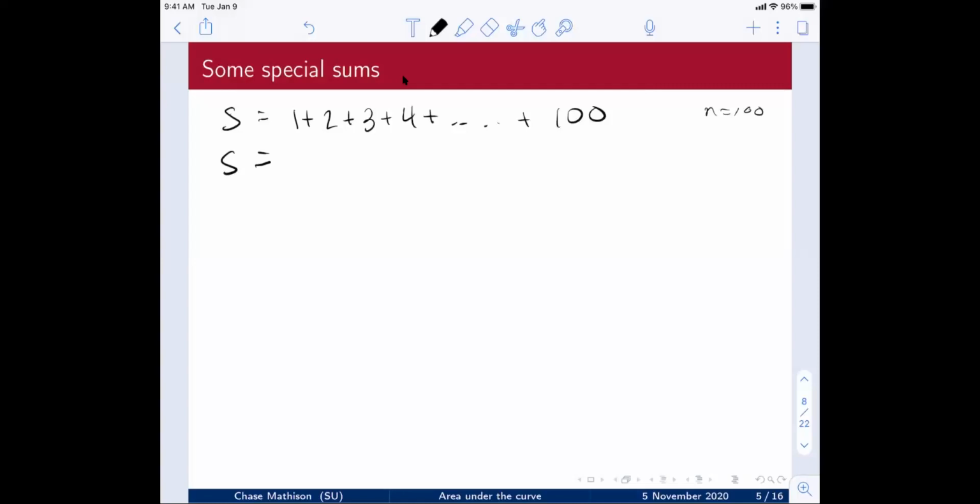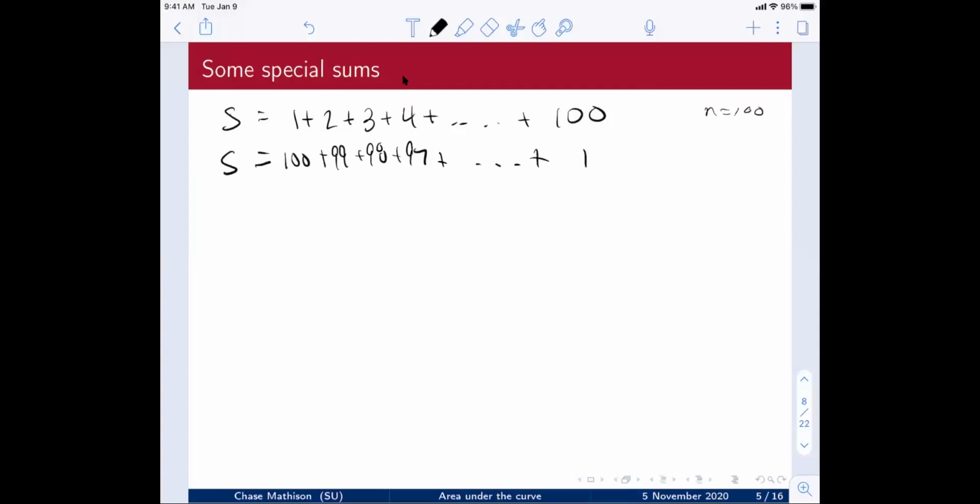S is also equal to 100 plus 99 plus 98 plus 97, all the way down to 1. Whatever the value of S is, that's what we're trying to find, I can write that sum in either direction because addition is what we call commutative.